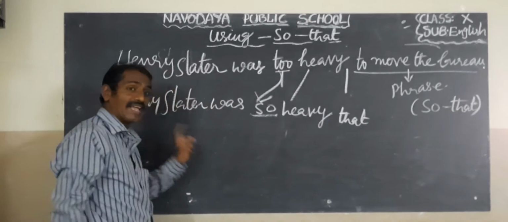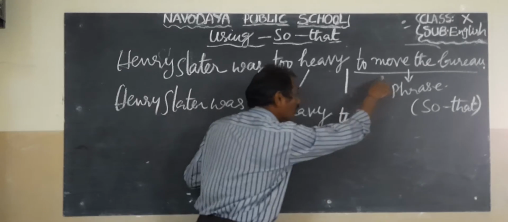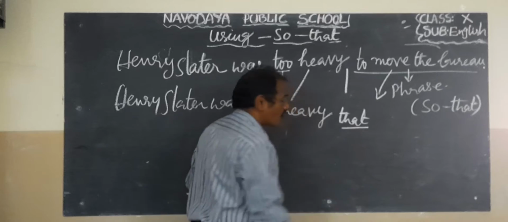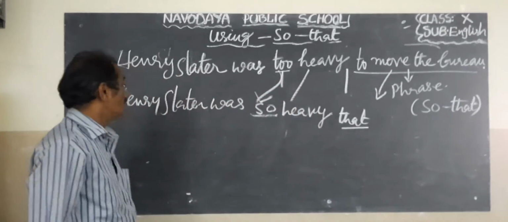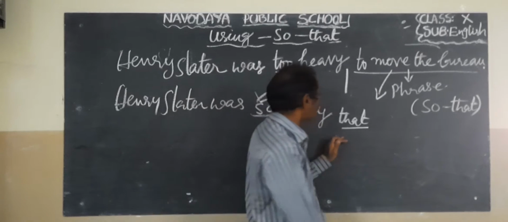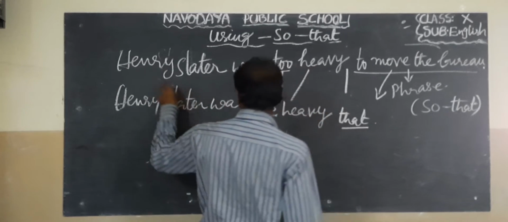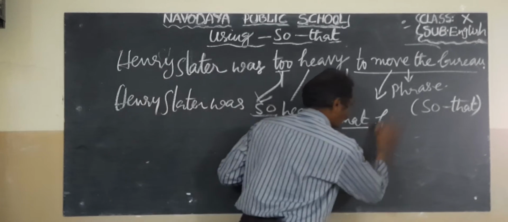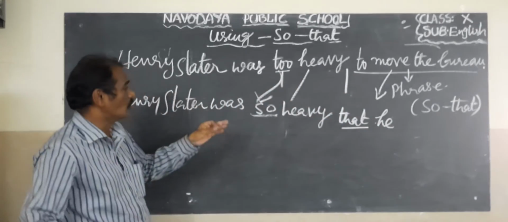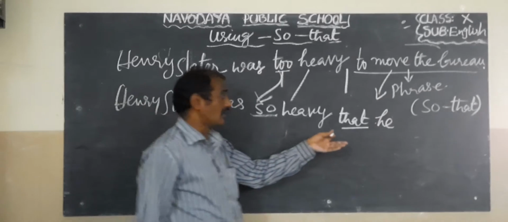Next we should add this phrase as a clause. So we make the conjunction "that": Henry's ladder was so heavy that, and then the subject. The subject is Henry, so we should write "he", because "too heavy" means so heavy that he did not do it.